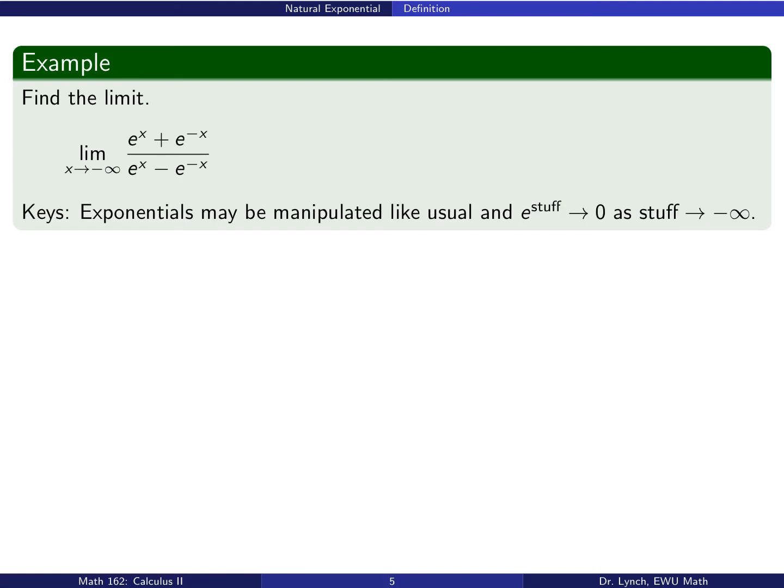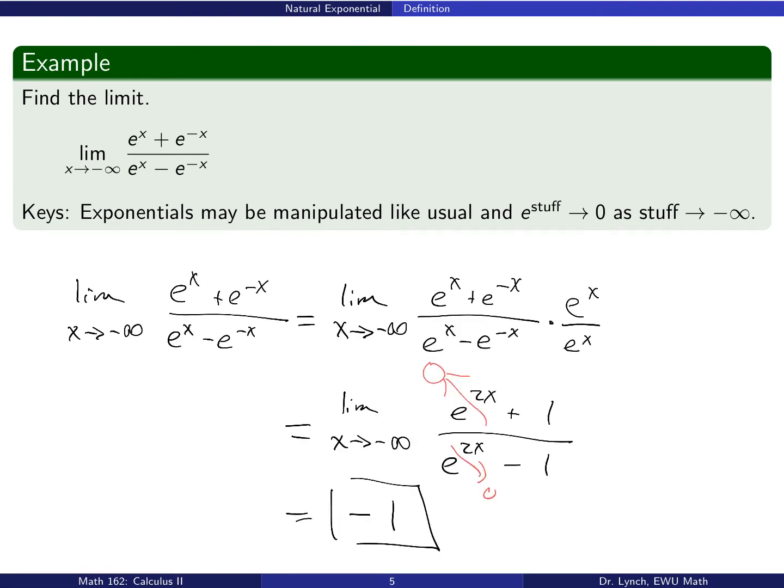So we'll go ahead and multiply numerator and denominator by e to the positive x. So again, here we're dividing by the largest e to the x power, or multiplying by e to the x in this case, because x is going to minus infinity. We see that e to the 2x goes to 0 as x goes to minus infinity, and we're left in this case with minus 1.